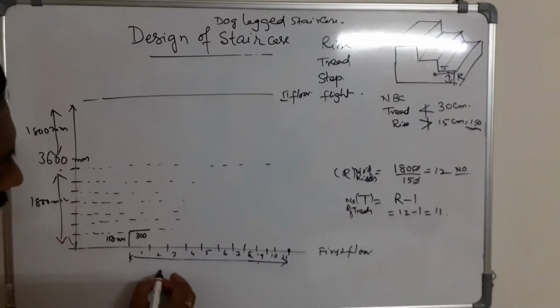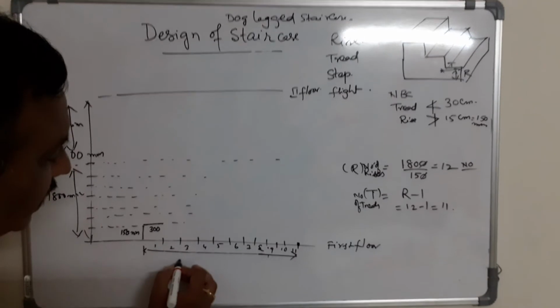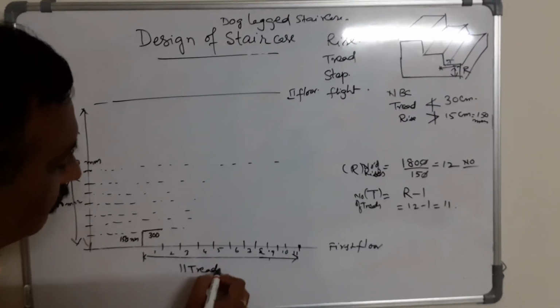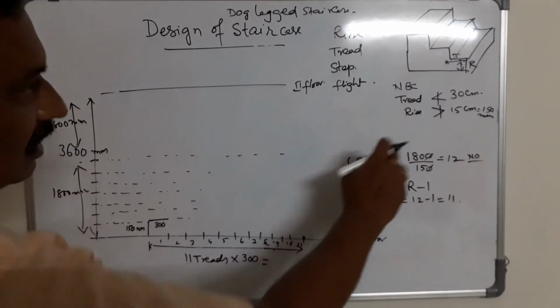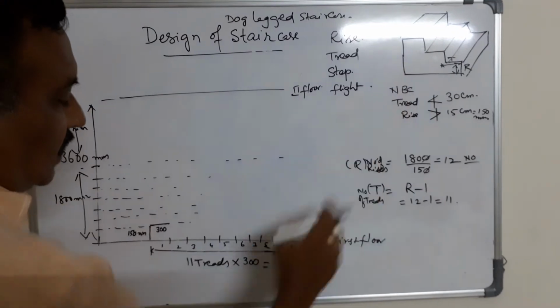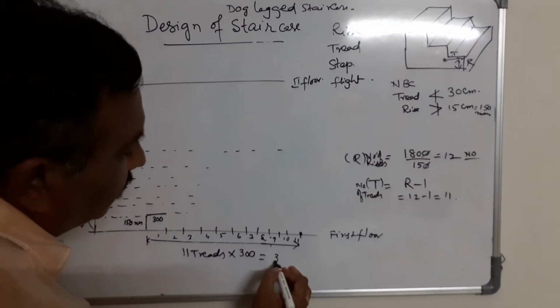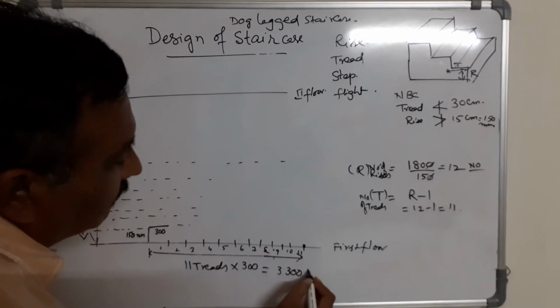So what is the space occupied? What is the horizontal distance of this? That is 11 treads multiplied by 300, the width of the tread, which is equal to 3.3 meters or 3300 mm.